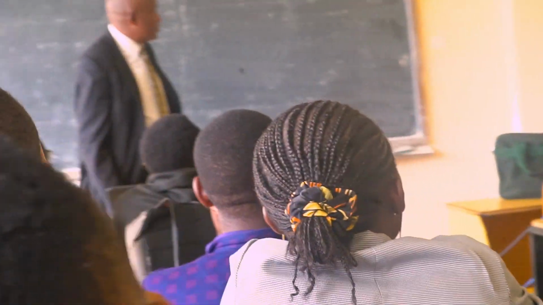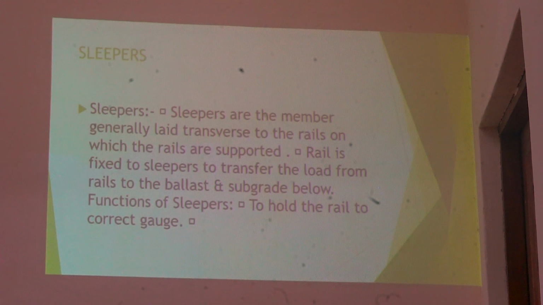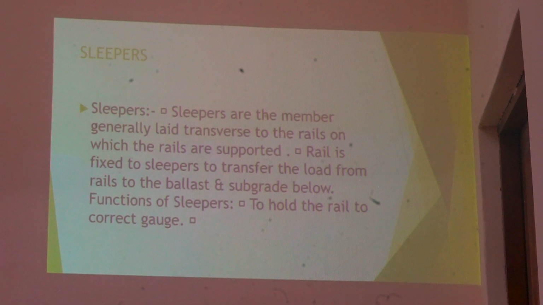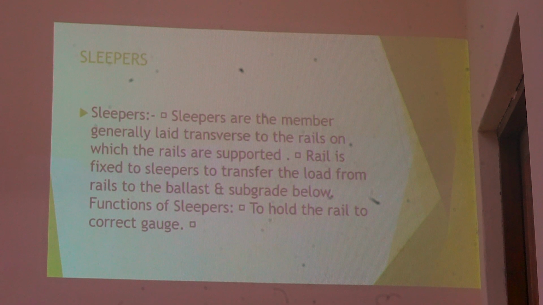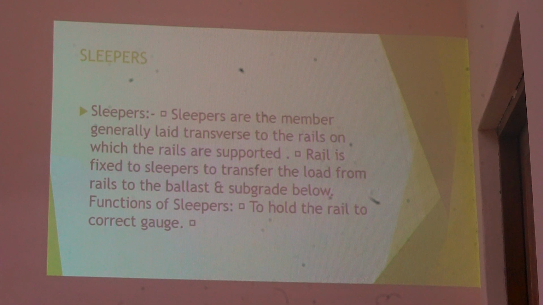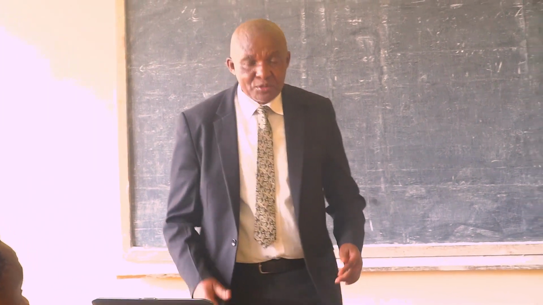Now, we are talking about sleepers. Sleepers are the members generally laid transverse to the rails, on which the rails are supported. Rail is fixed to sleepers to transfer the load from rails to the ballast and subgrade below. Functions of sleepers are to hold the rail to the correct gauge.